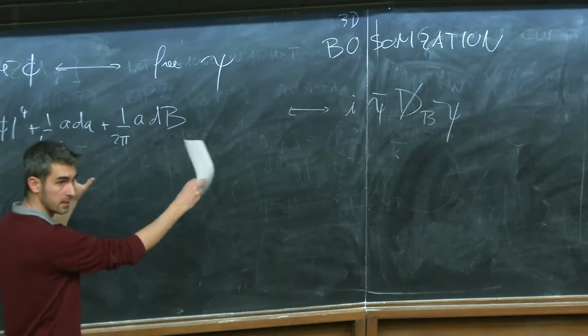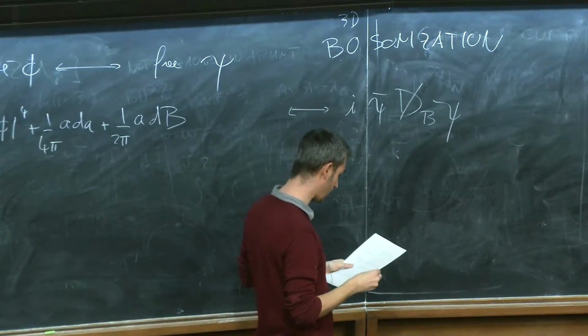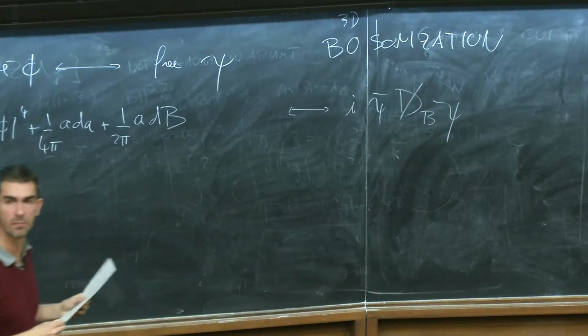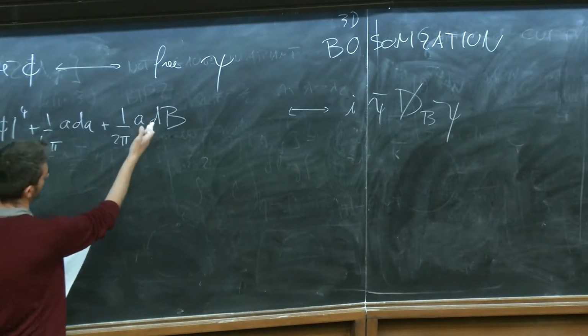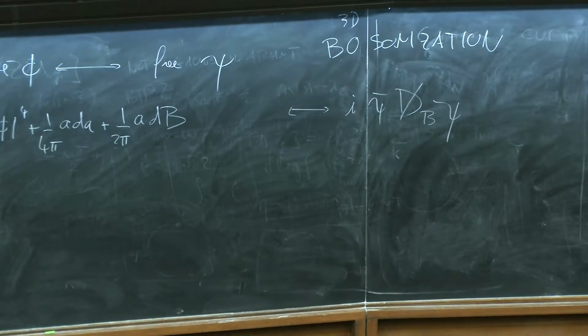As an exercise, you can check that they match. I'm sorry, I'm not writing the wedge, just to be faster. So when I write ADA, I mean A wedge dA. Also here there is a wedge.